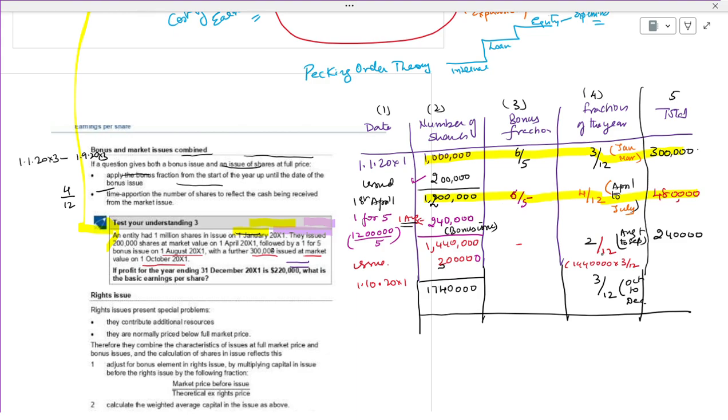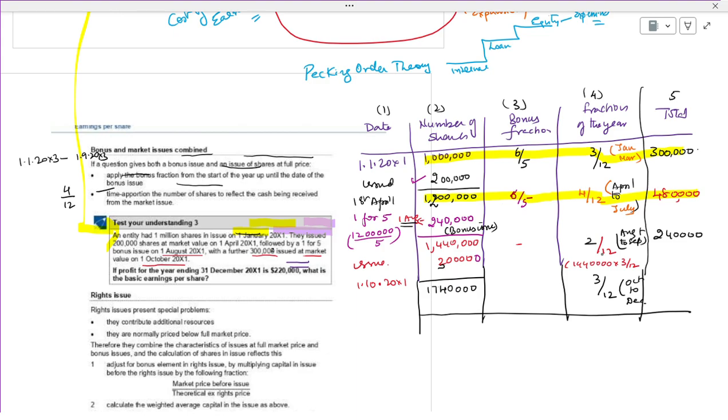Now 3 plus 4, 7. 7 plus 2, 9. 9 plus 3, 12 months.